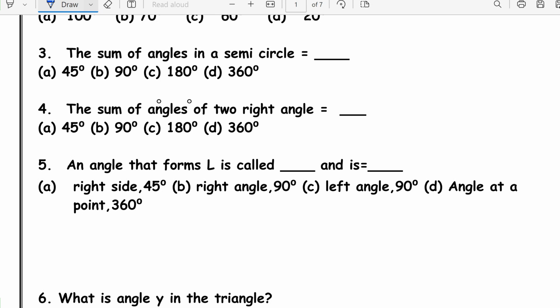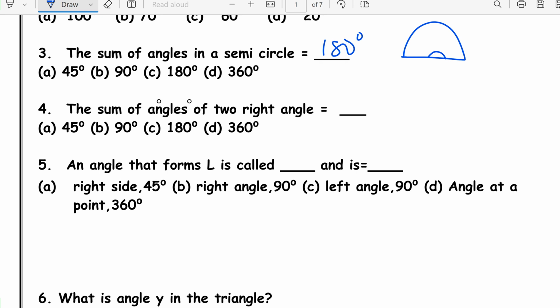Now, number 3 asks, what's the sum of angles in a semicircle? A semicircle is half of a circle, and the angle there equals 180. So the angle in a semicircle is 180 degrees.